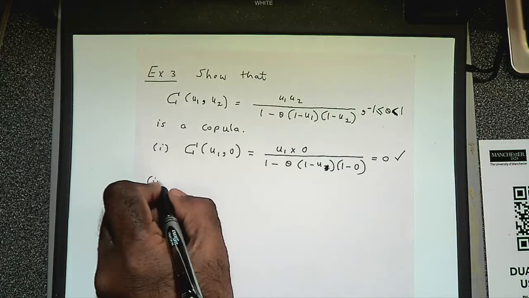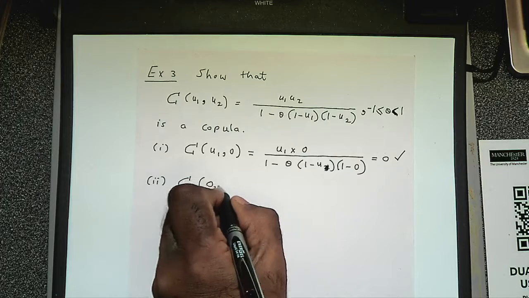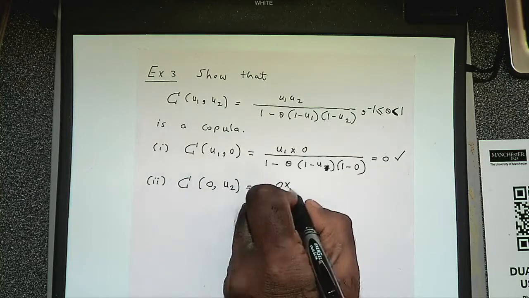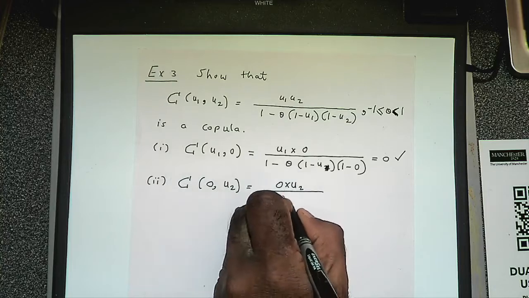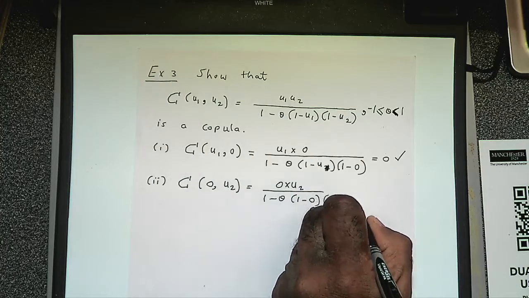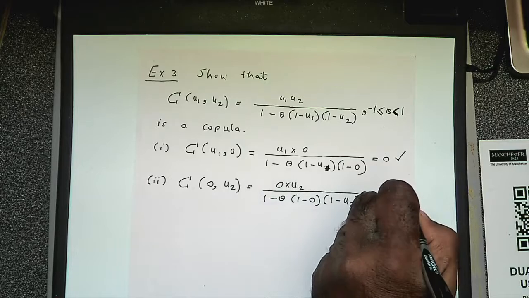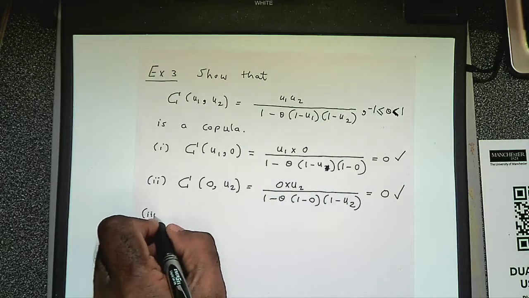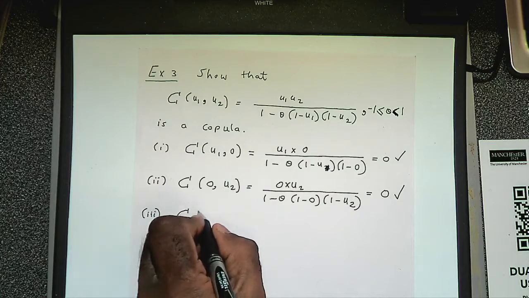And part 2 is, if you put u1 equal to 0, part 3 is C u1 comma 1.